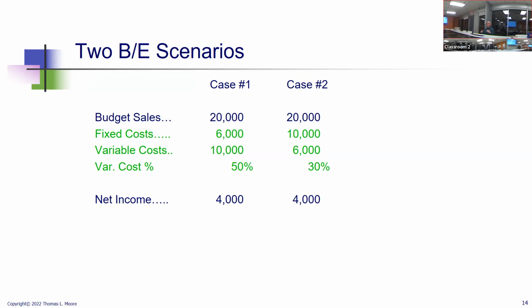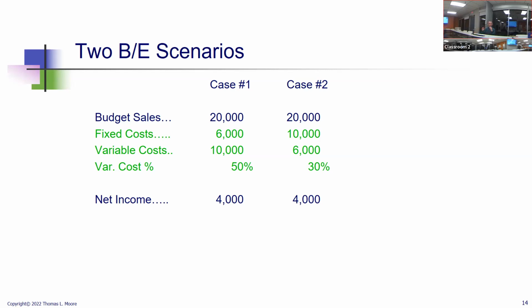Their fixed costs in case one are $6,000, and in case two are $10,000. That's fixed cost. Their variable costs are just opposite. In case one, it's $10,000. In case two, it's $6,000.